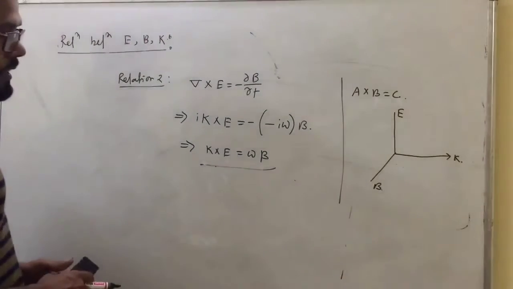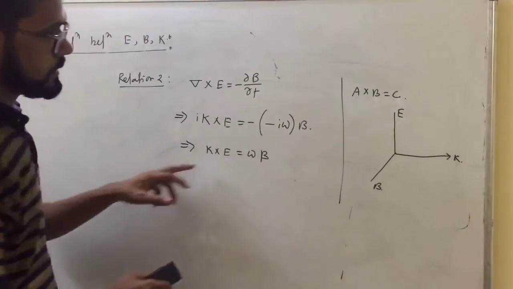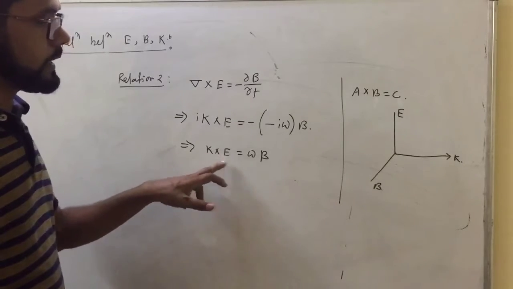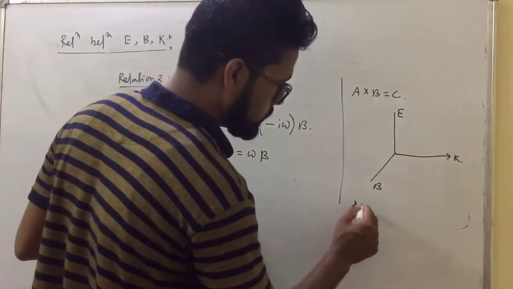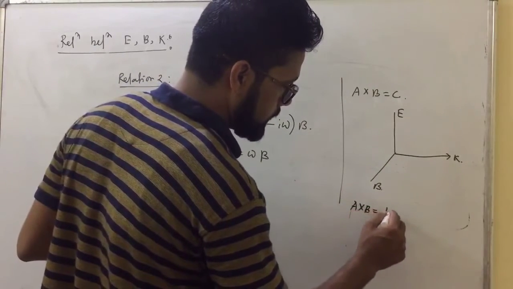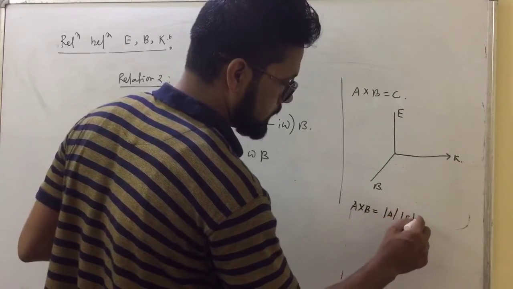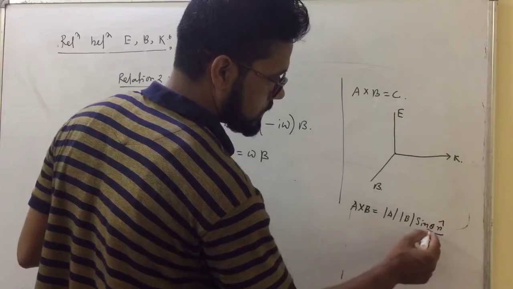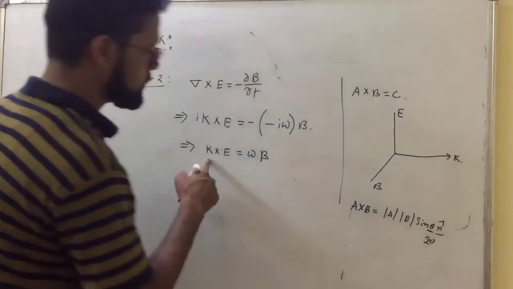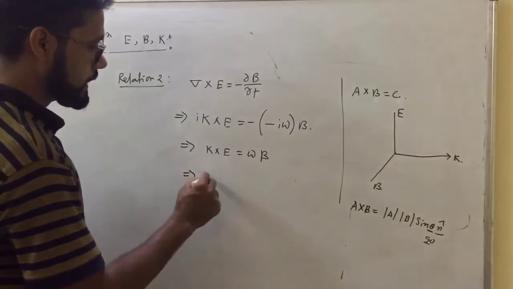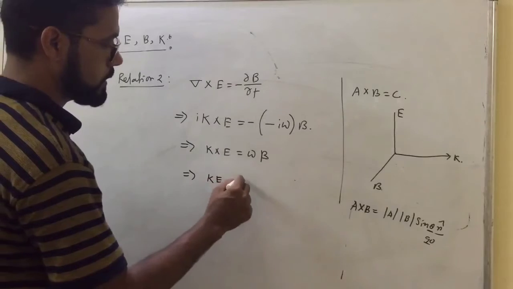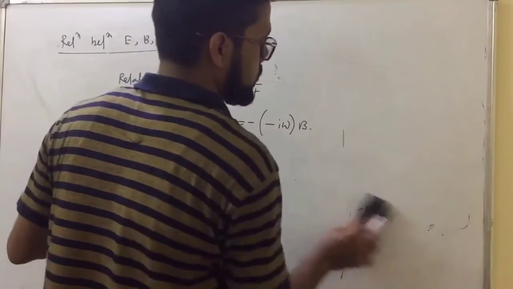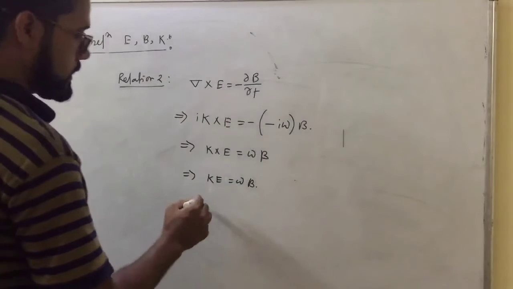I have already derived that k is perpendicular to E. That means the angle between k and E is 90 degrees, because you know the formula A cross B equals magnitude of A, magnitude of B, sine theta, n cap, a unit vector. This is 90 degrees because they all are perpendicular. I simply write k E in magnitude form equals omega B. So what is the meaning of this equation?